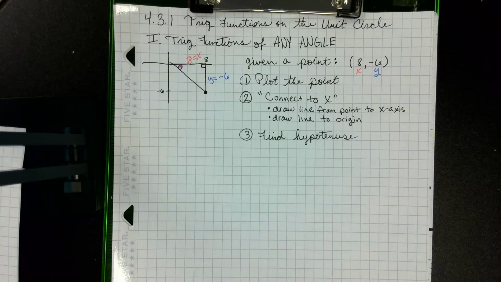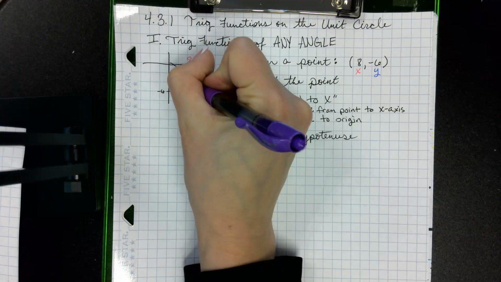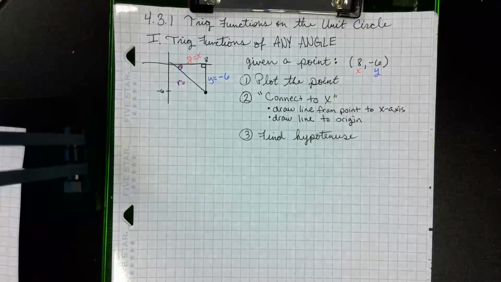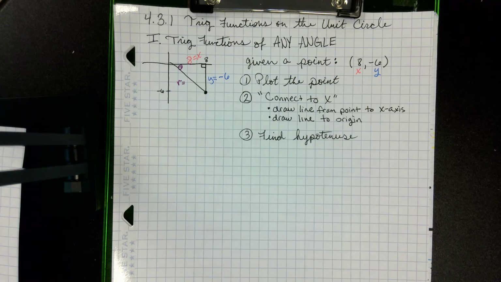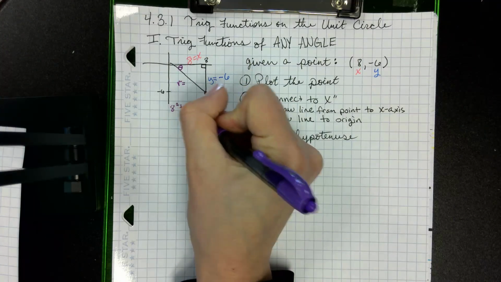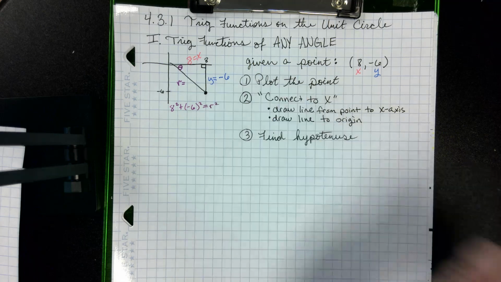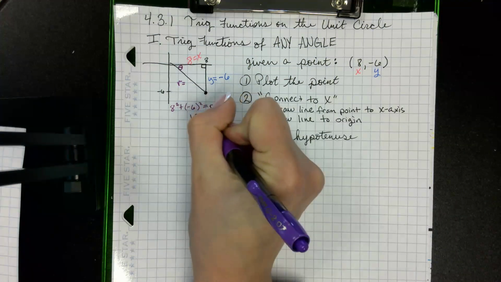Then, instead of calling it a hypotenuse, I'm going to switch my letters and call this the radius. R equals. First let's find that value. We have 8 squared plus -6 squared equals r squared. So then 10 equals r.